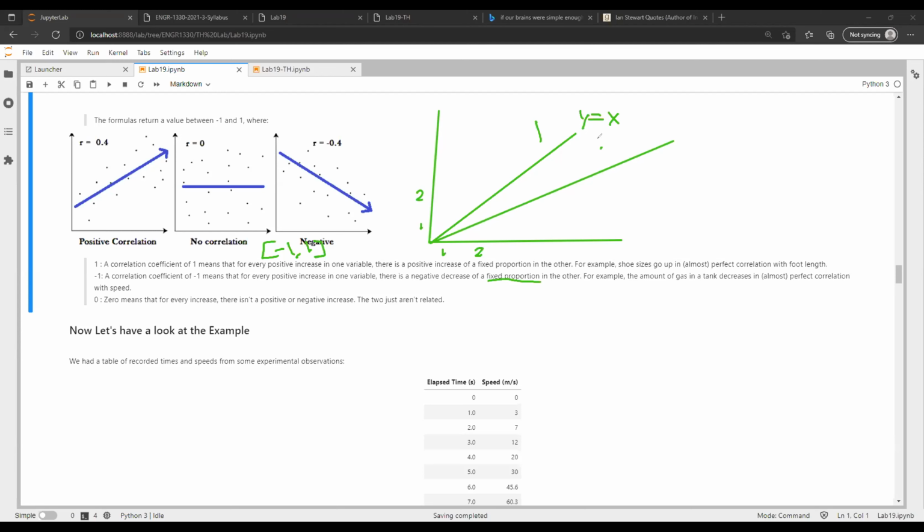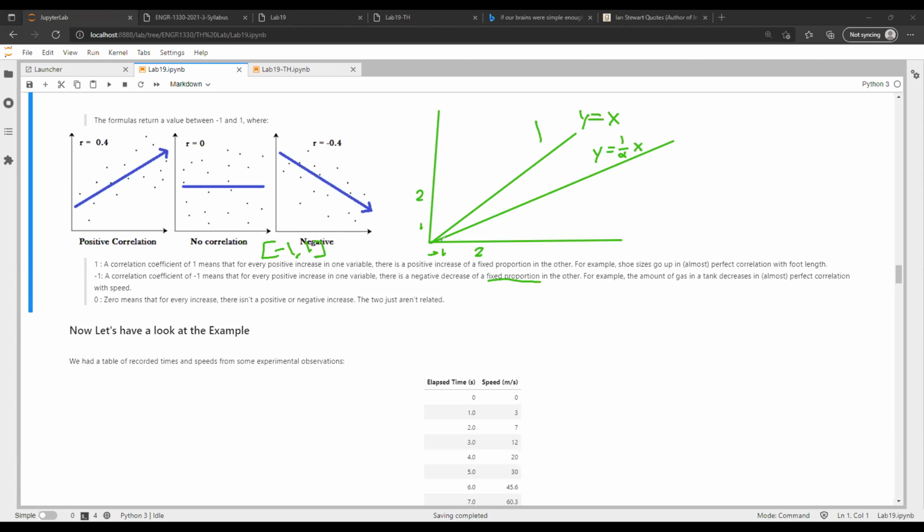It's just some y equals 1 over something, where alpha is greater than 1x, meaning that there's still a positive increase from input to output, but it isn't in the exact same proportion.